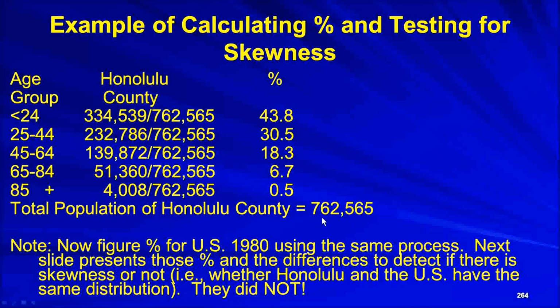So that's how we come up with the subpopulation percentages. Now, we've done the first step, and we used the total of the population for Honolulu County, okay? And so we've got the first step in examining skewness.